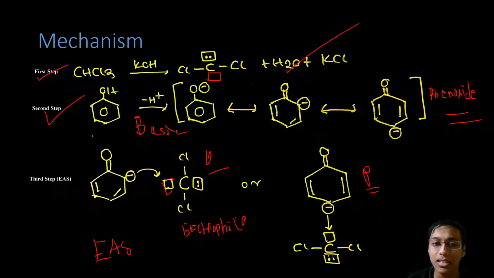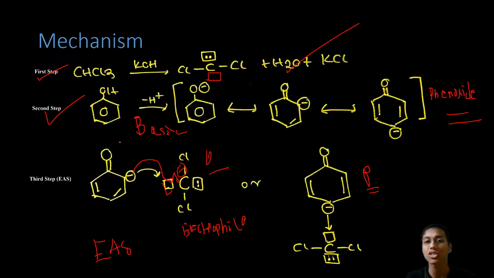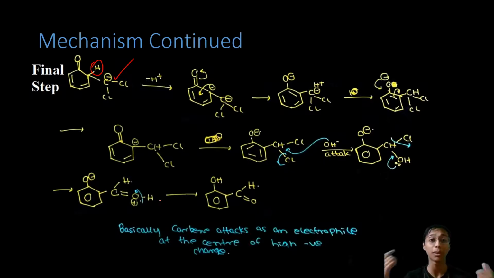This minus charge came on top of this carbon, and there was a hydrogen attached which I forgot to show properly in the previous video, but now you know. You should see hydrogens. Now what happens? Hydrogen leaves, as of course this is an OH minus medium, and if OH minus takes H plus, what would be formed? Water. So water is already there in the solvent.